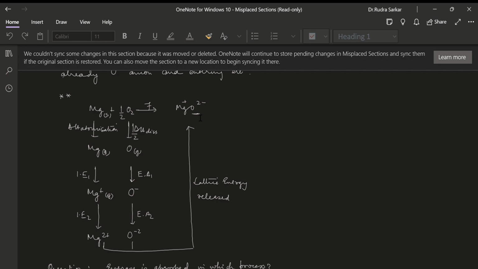Somehow you've got a picture. So that is one way of converting nitrogen into nitrite or nitrate.